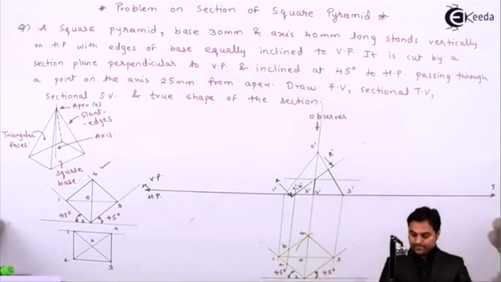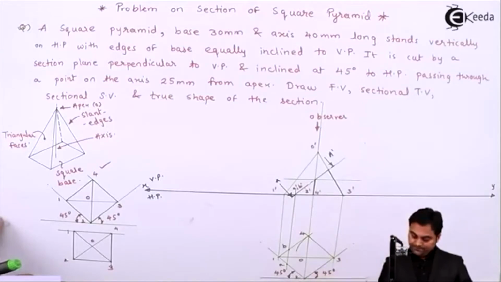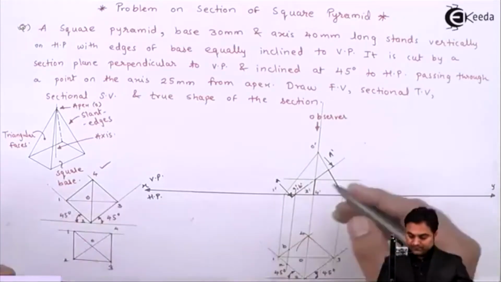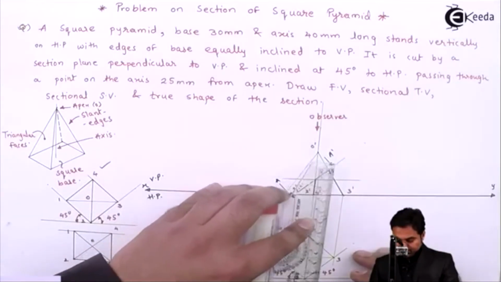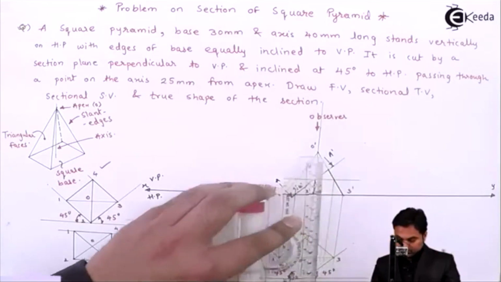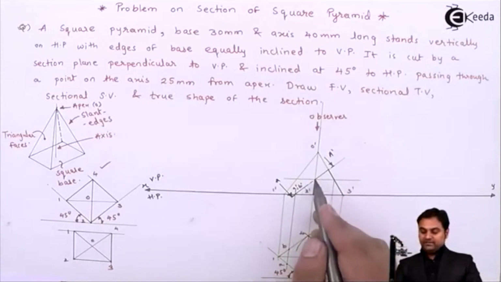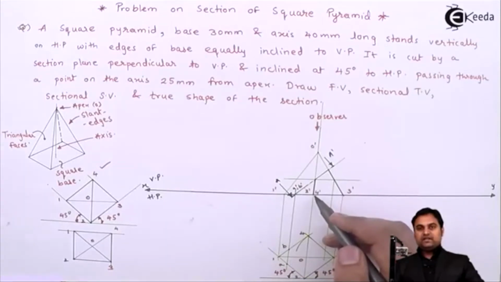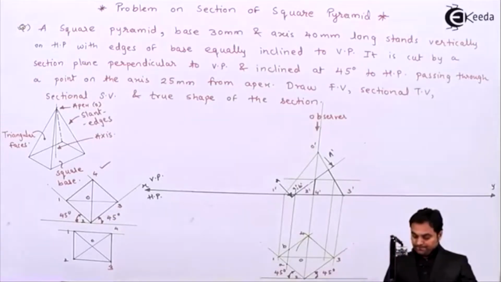Next, 2 and 4. Now 2 and 4 won't be projected just like that. For that, we have to project it onto the slant edge. That is the points 2 and 4, bringing it horizontally down or vertically down. Now, this 2 and 4, it means the cutting plane is again cutting two edges at the same time. That is O dash 2 dash slant edge and O dash 4 dash, which is also a slant edge.